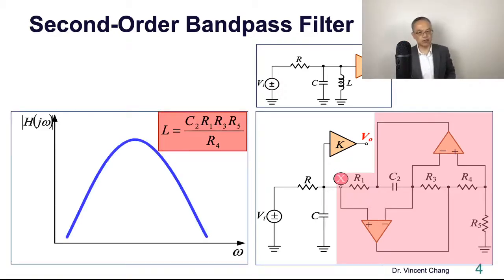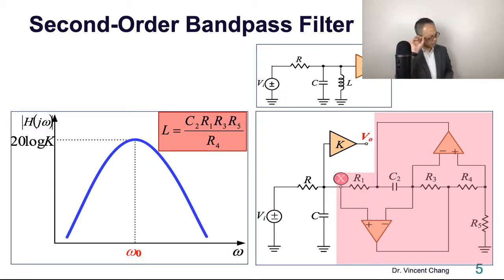At low frequency, the inductor behaves like a short circuit and blocks the low frequency signal. At high frequency, the capacitor shorts out and blocks the high frequency signal. So only the medium frequency around the resonant frequency can reach the maximum transmission.